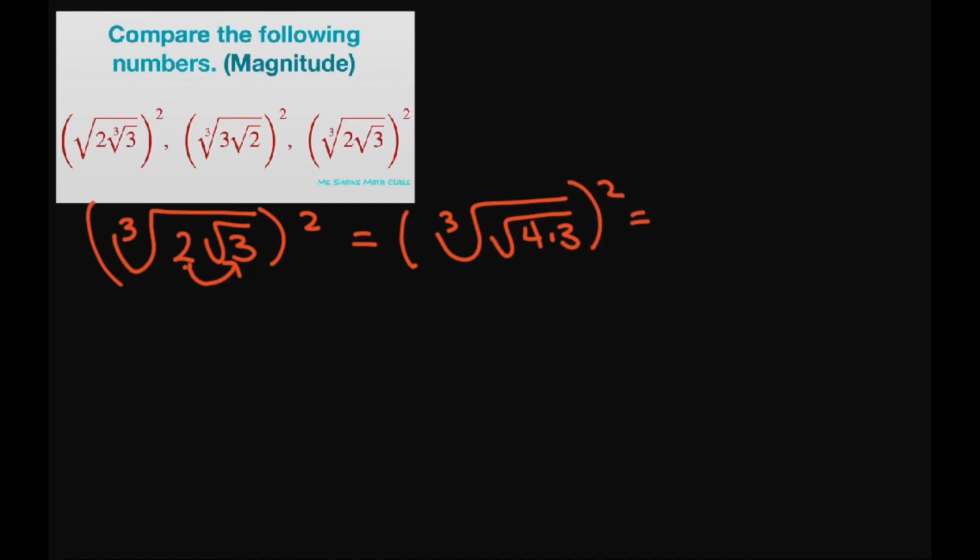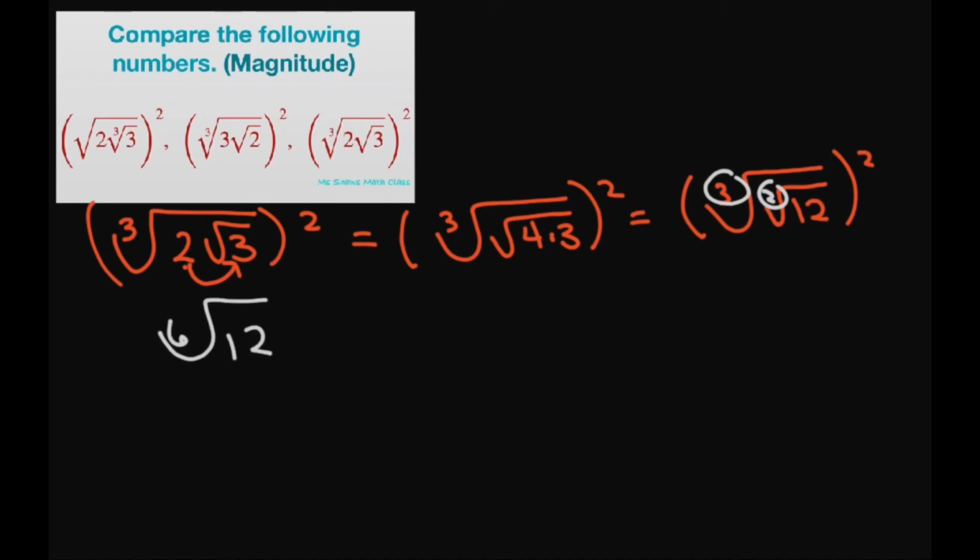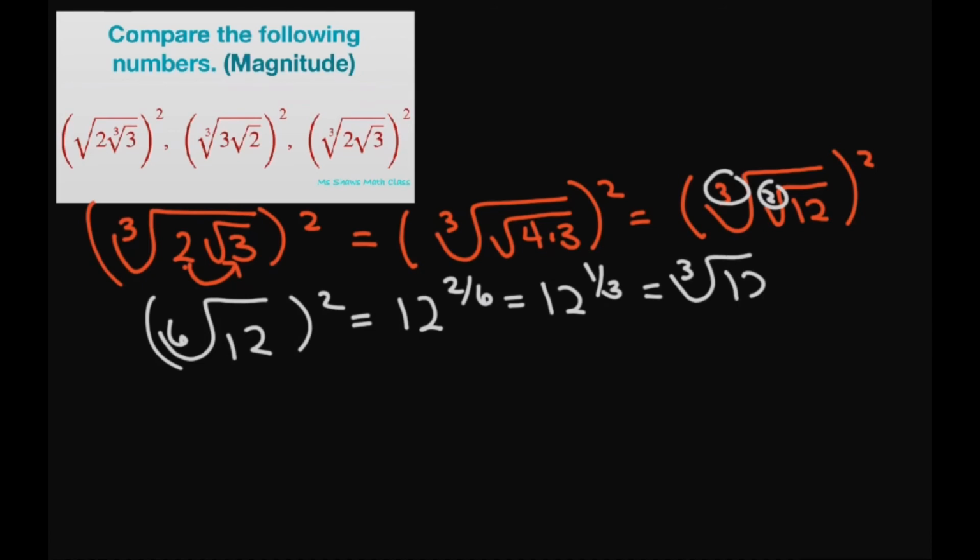That gives me the cube root of the square root of 12 squared. Now you multiply these two roots, which gives you the 6th root of 12 squared, which equals 12 to the power of 2/6, which equals 12 to the power of 1/3, which equals the cube root of 12.